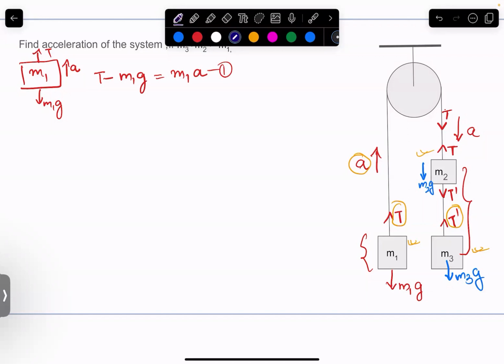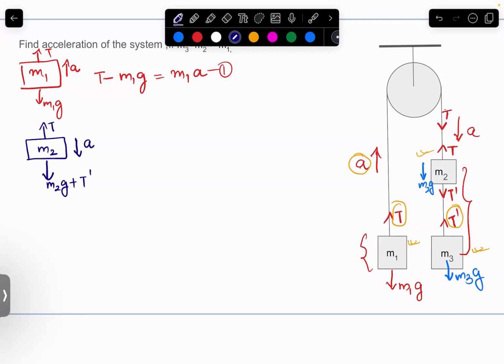Then there is another block, that is the m2 block over here. So what is happening with the m2 block? Downwards, there is this m2g acting, and there is this T dash acting. Then there is T acting opposite to m2g and T dash. And the whole system is going downwards with an acceleration of a.